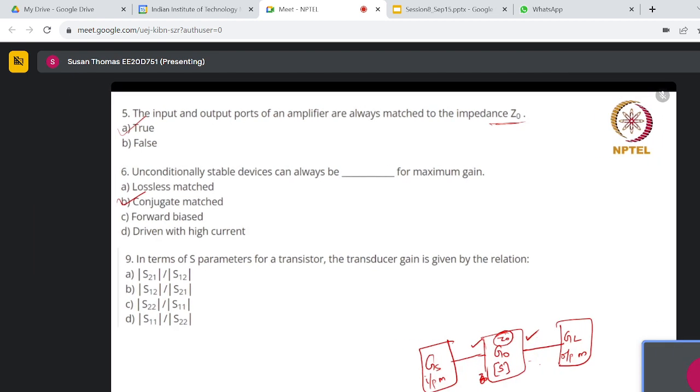Okay. Now coming to the next question. In terms of S parameters for a transistor, transducer gain. So in the beginning of today's session, I told you about the transducer gain, which is the ratio of power delivered to the load to power available from the source. So in terms of S parameters, how do you write this transducer gain?